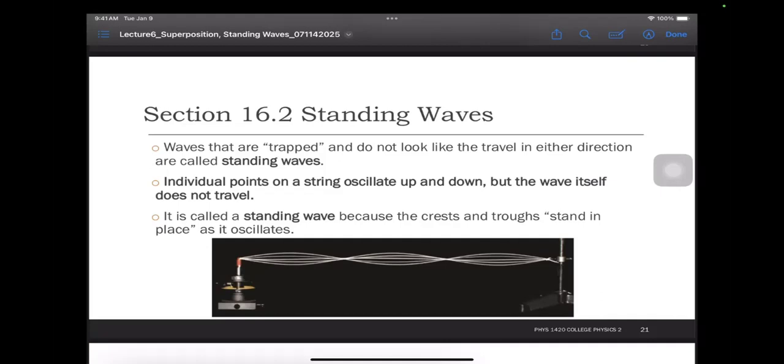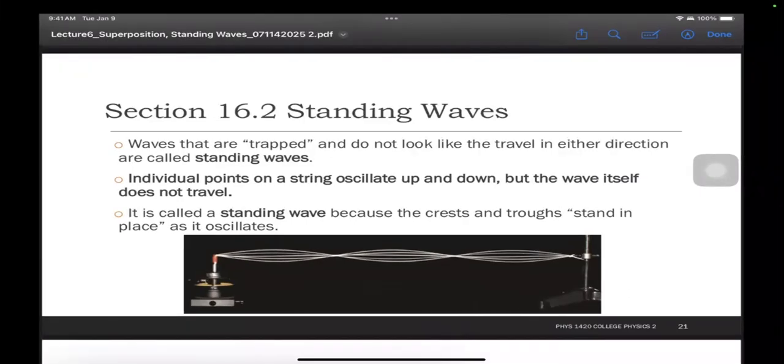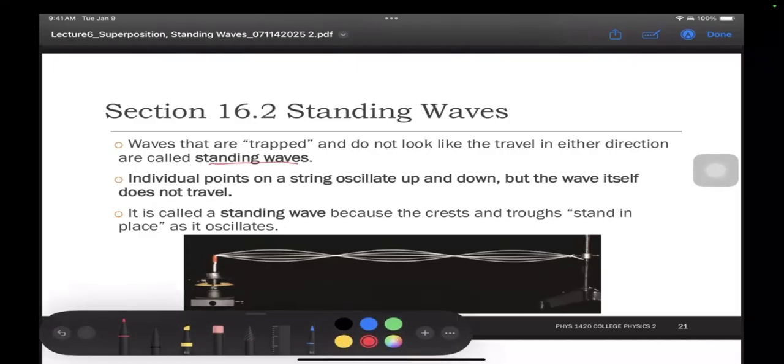Okay, superposed waves that are trapped and do not travel in either direction are called standing waves. Actually, we have already talked about traveling waves. A traveling wave means there is a source and the wave will travel through the medium to different directions. The standing wave means these waves are trapped and do not travel in either direction.